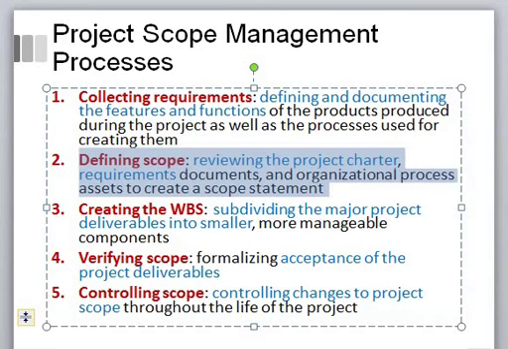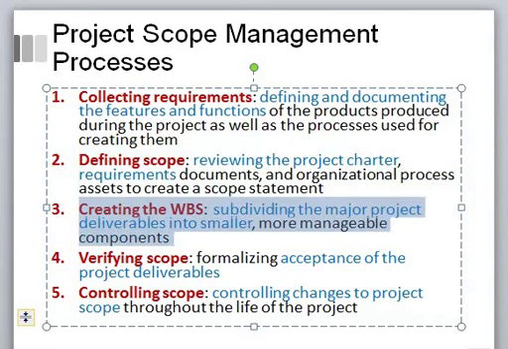So, in order to define the scope, meaning what should be part of the project and what should not, it is important to take into consideration the project charter, a set of documented requirements, and the organizational process assets to create an effective scope statement.